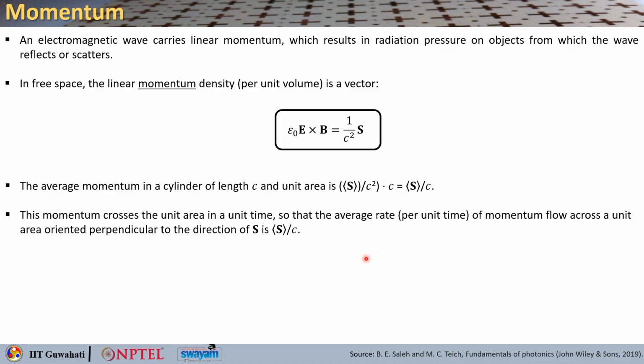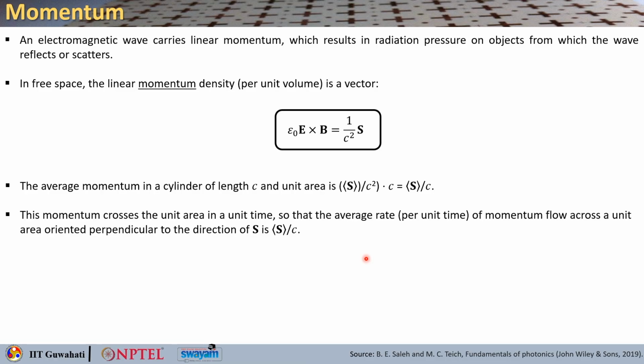This momentum basically crosses the unit area in a unit time. So, that is how you can interpret this. You can say this is the average rate per unit time of momentum flow across a unit area oriented perpendicular to the direction of S, and that value is basically S by c.